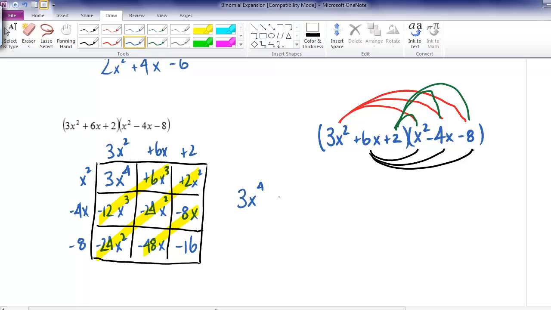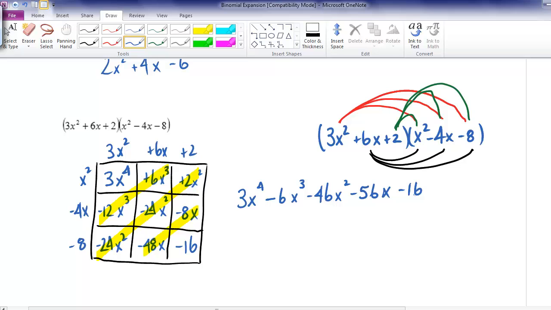So we have only 3 of the x to the fourths. We have negative 12 plus 6 is negative 6 of the x cubed. We have negative 24, which is negative 48 plus 2, which is negative 46 of the x squareds. We had negative 48 minus 8, which is negative 56 of the x's. And finally, we have that.